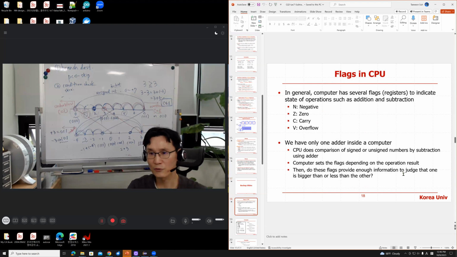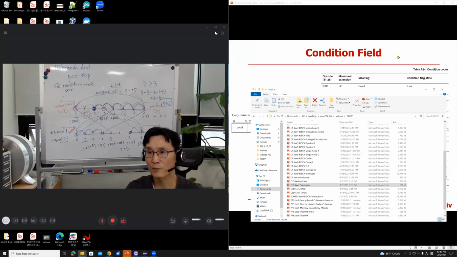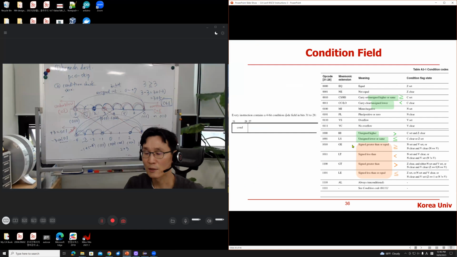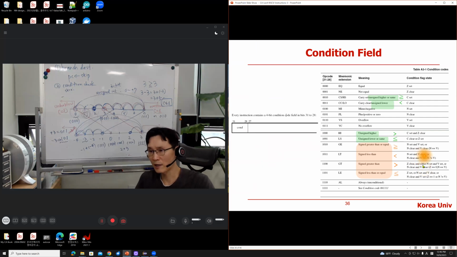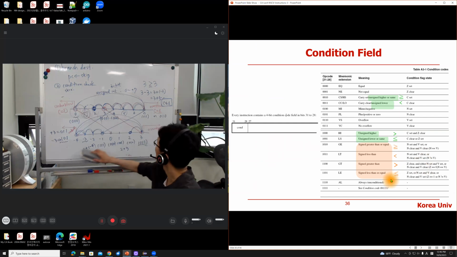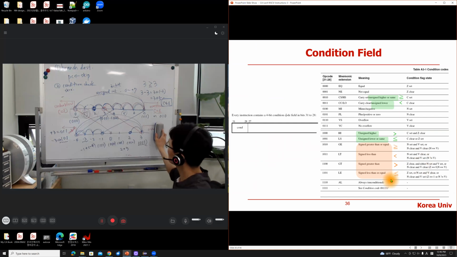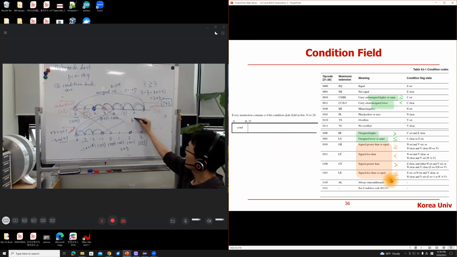So using that overflow flag, going back to this, there is a V flag, right? Using that V flag, you can check all these different conditions, right? And RISC-V provides two instructions, BLT and BGE, right?